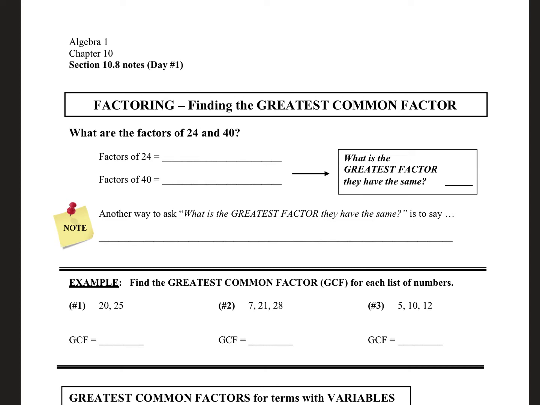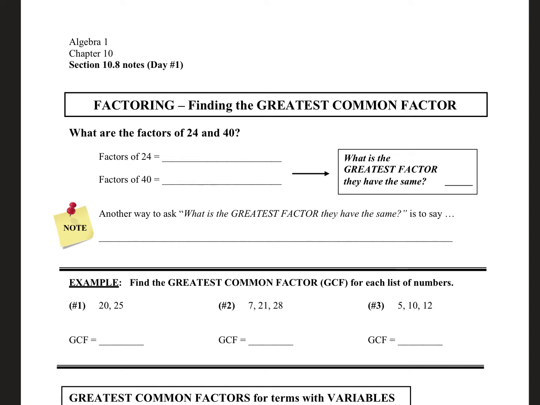All right, let's try to find the greatest common factor of 24 and 40. So the first step, probably guess, is finding the factors of each of these numbers. Factors are just 2 numbers that multiply together to get the number you're trying to get.